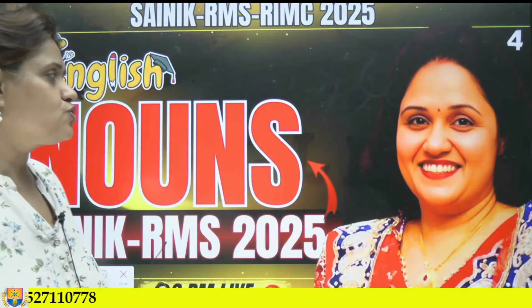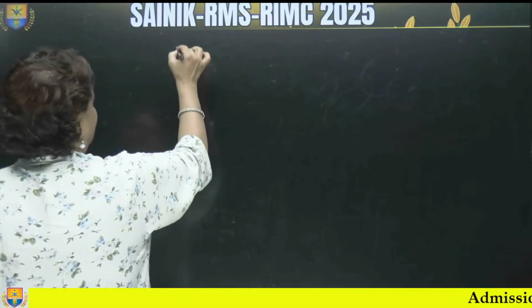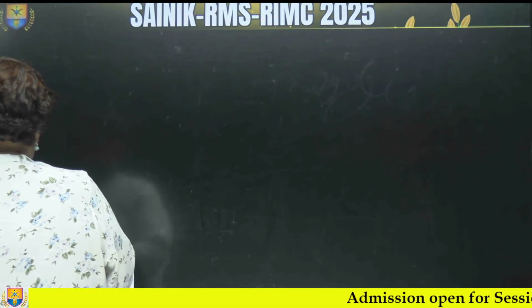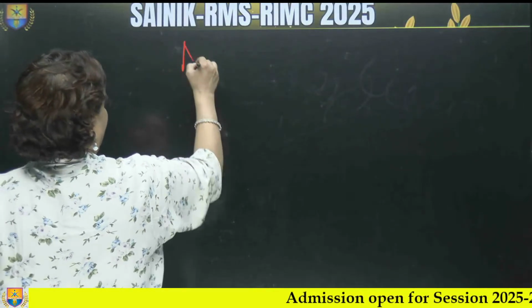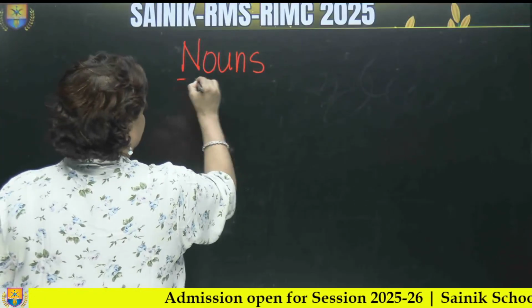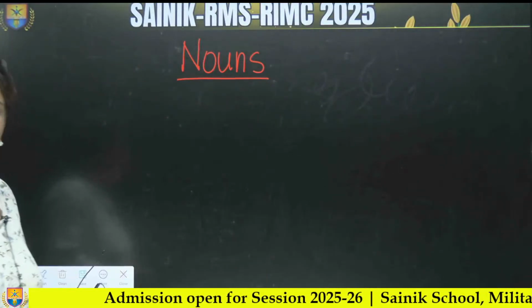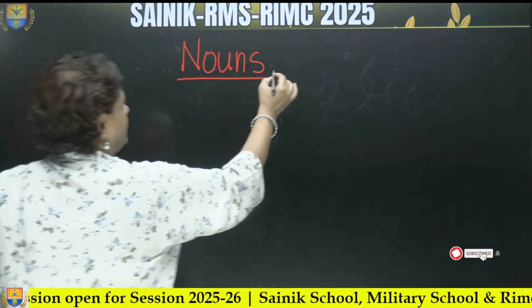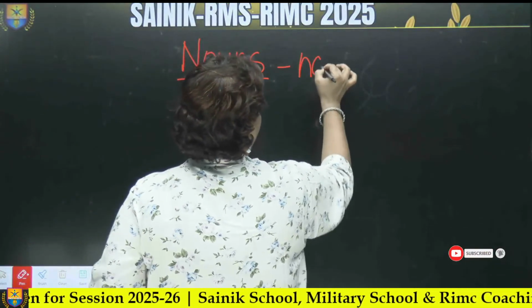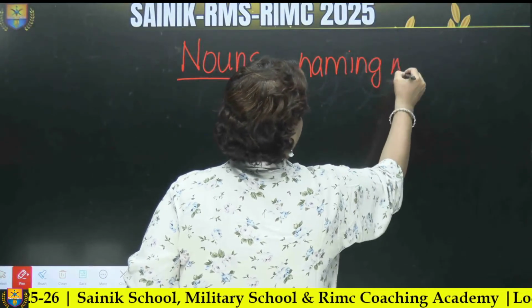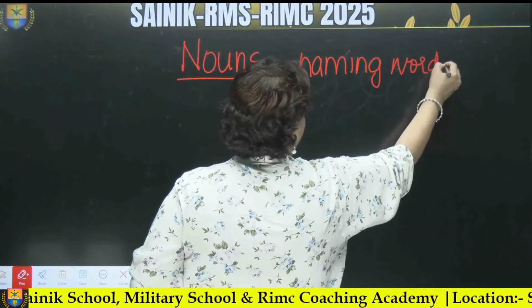Now, let's go to the topic, nouns. Yesterday, we all studied about nouns, the general introduction about nouns. Now, what is a noun? In a simple way, we have understood nouns mean naming words.